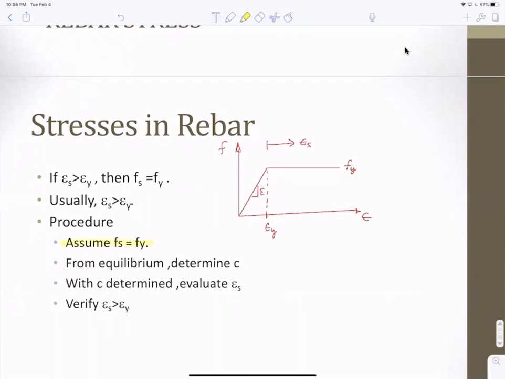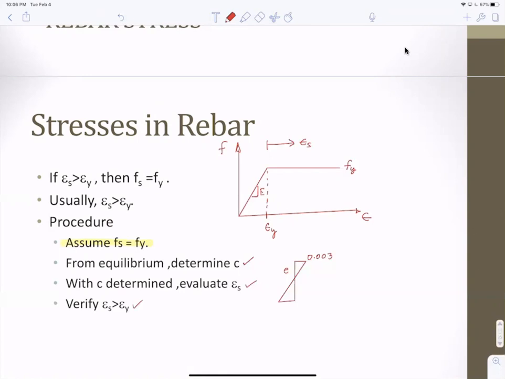From equilibrium, you're going to get the neutral axis C. And then once you get C, you can determine the strain in the steel and just make sure that's bigger than the yield strain. So what I mean by this is you will find from equilibrium this neutral axis C. You know that the strain in the concrete at the failure point is 0.003. Remember, we memorized that.